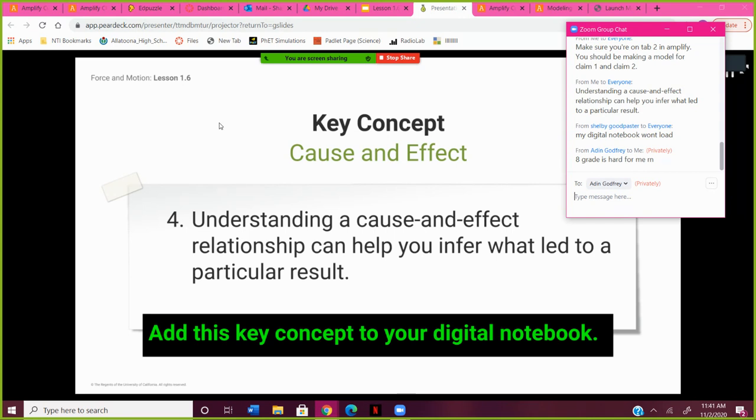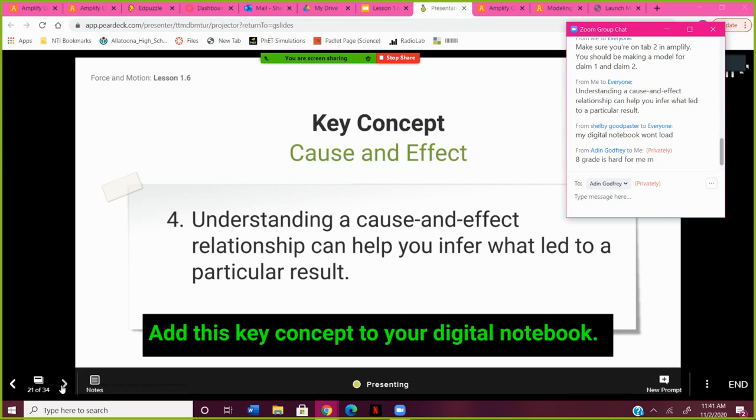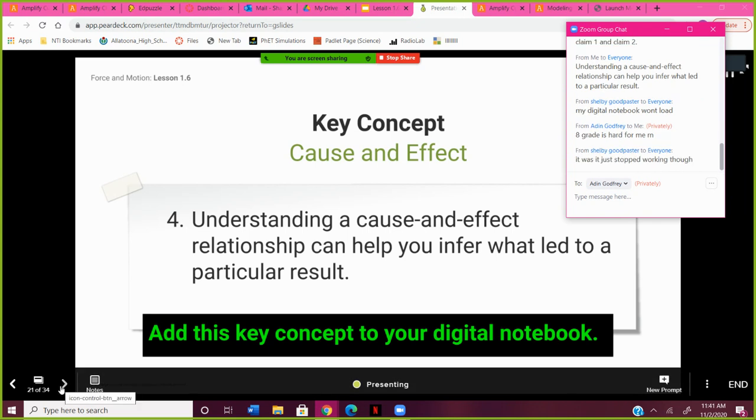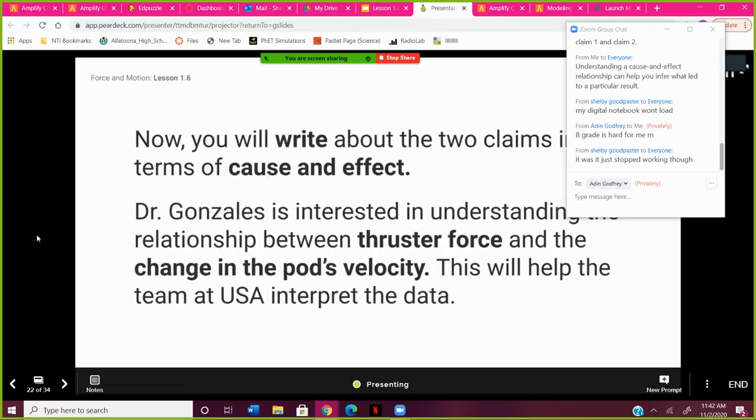I was hoping to make sure you guys have your digital notebook pulled up at the very beginning of class, just because of things like this. So if you need to write it down on a piece of paper or write it down on Word, then you can do so. All right, so make sure you get that in. I'm going to go on to the next slide. Okay, Shelby, just write it down, and then you can put it in there, hopefully when it starts to load.